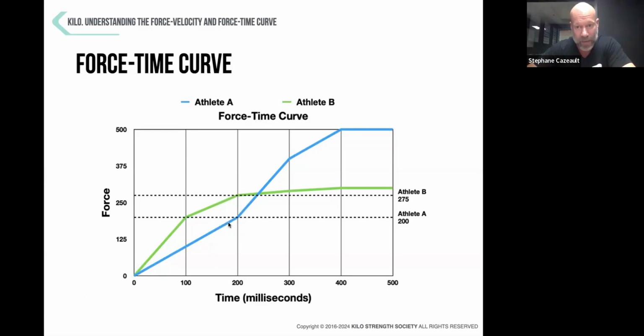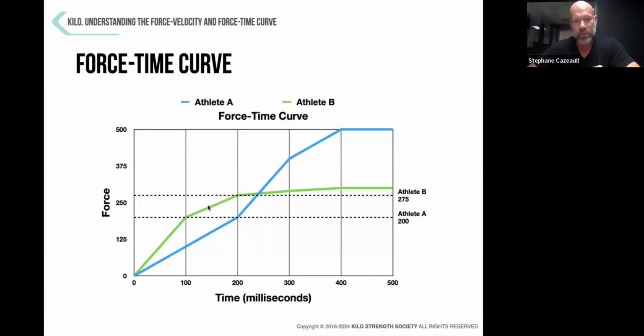Okay, so on a speed strength perspective, athlete B completely dominates athlete A because his rate of force development, his brain's ability to quickly generate force, is much greater. Okay, so that's what speed strength training tends to do.